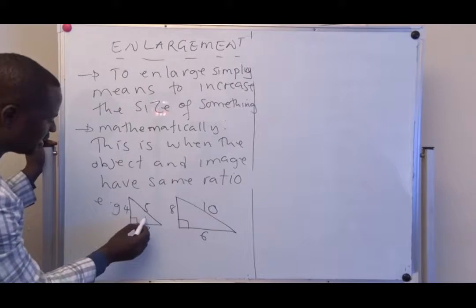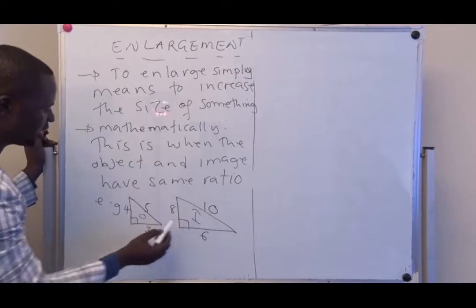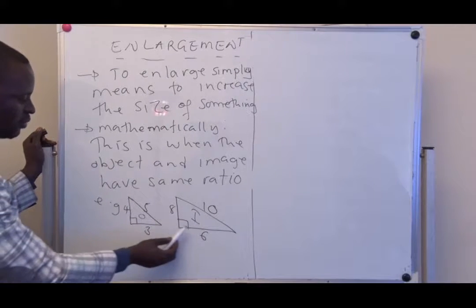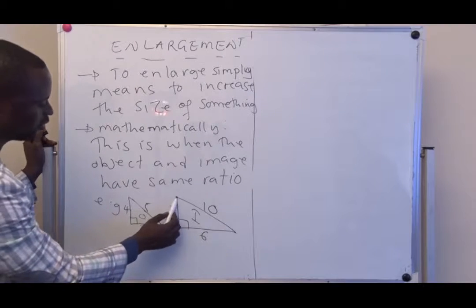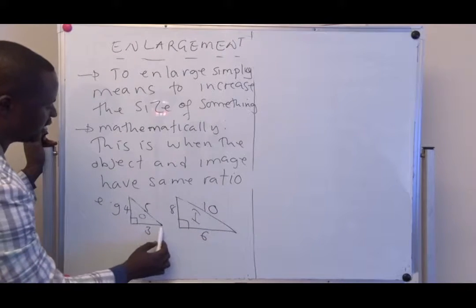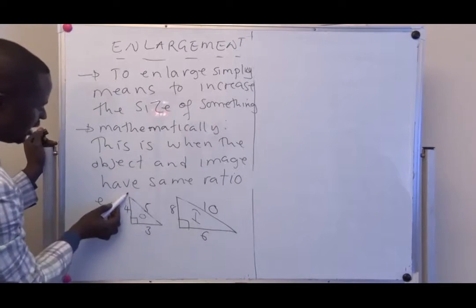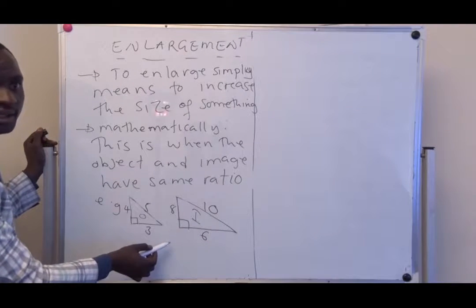If this is the object and that is the image, we can say we have enlarged this object to produce this image. So this side here corresponds to that side. This side here corresponds to that side, and this side here corresponds to that side.